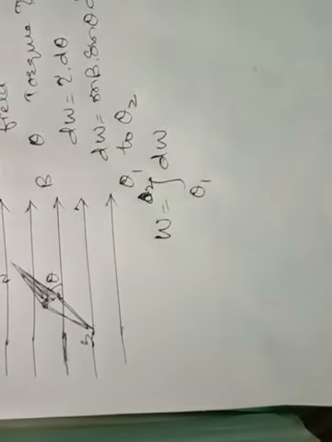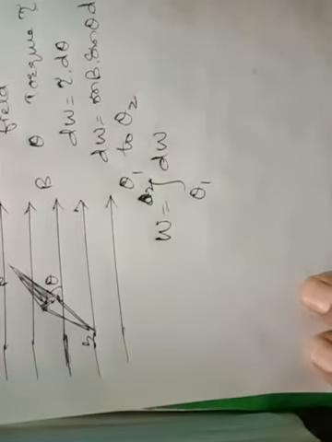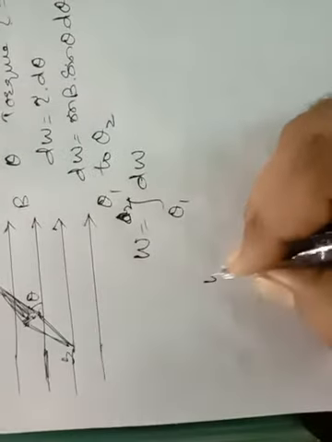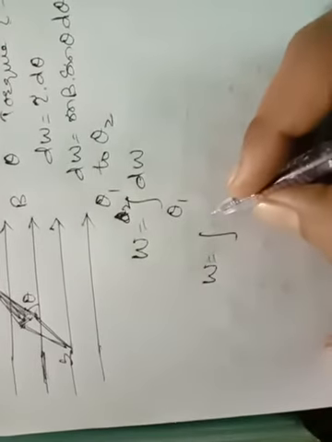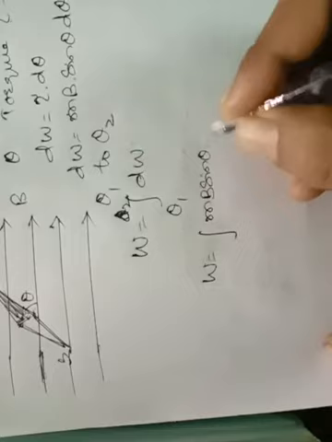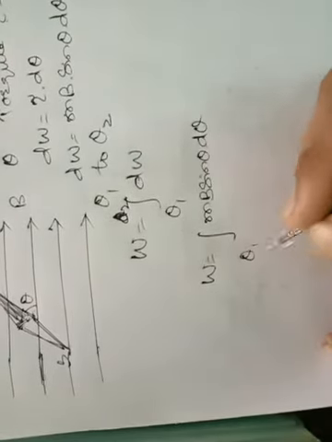What is the value of dW? This is equation 2. If you put the value of equation 2 here, W is equal to the integration of mB sin theta d theta from theta 1 to theta 2.